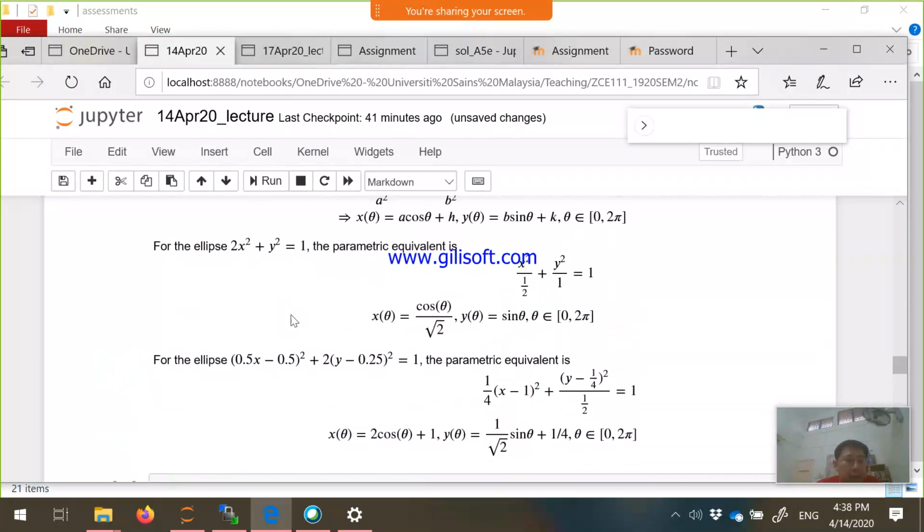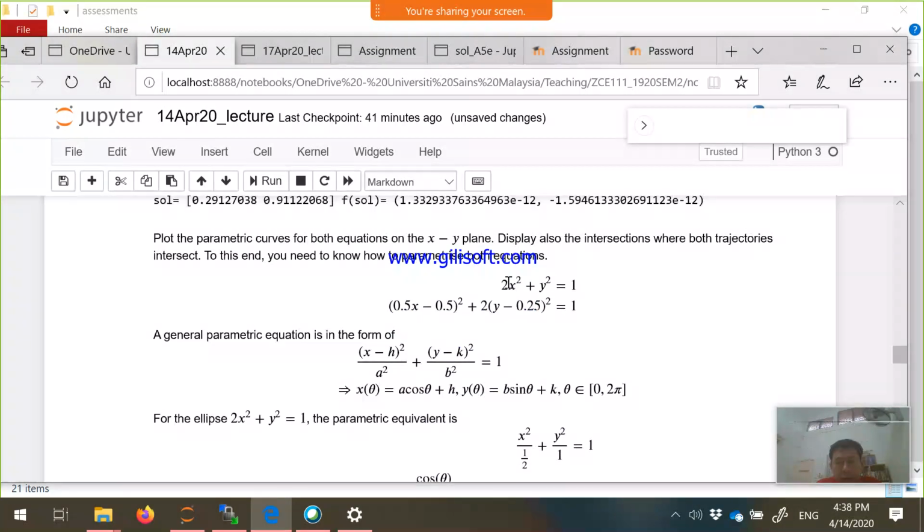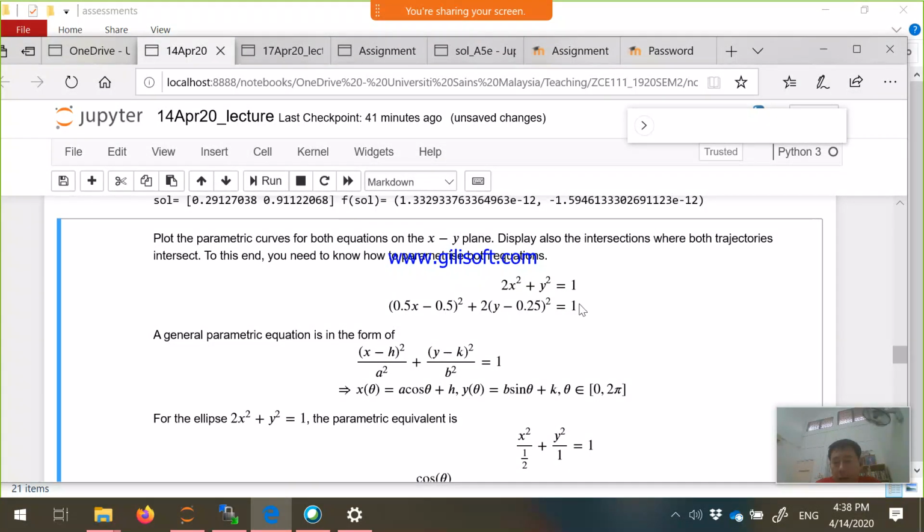So imagine this. Maybe in some test later on, I'll give you some arbitrary ellipse that looks totally different from this one, but still an ellipse. If I ask you to convert it into the parametric equations for the ellipse, which is this general form, you should be able to do it. So then you have to extract the corresponding values of a and b, h and k.